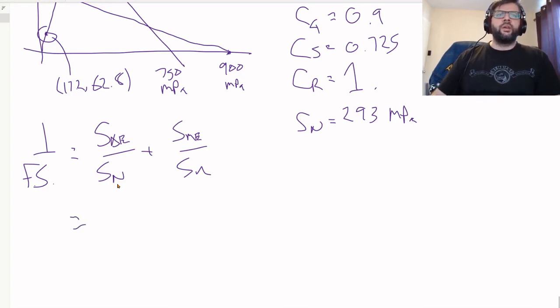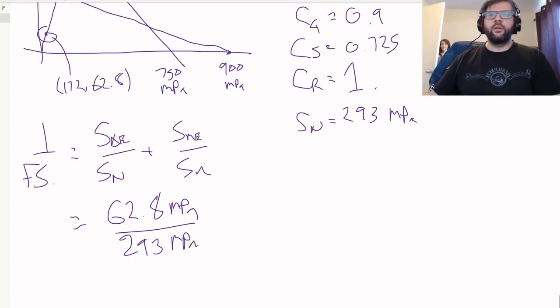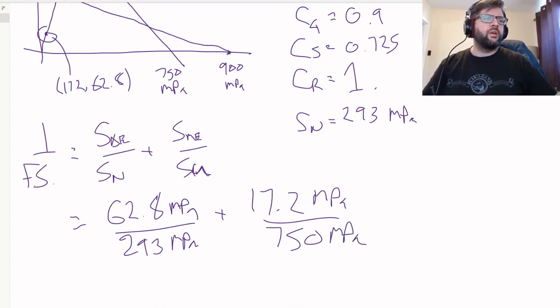All right, so SAE is 62.8 megapascals divided by 293 megapascals. And then we got the SME divided by Su. It's supposed to be a lowercase u, it looks more like an n. Anyways, so the 17.6 MPa divided by 750 MPa.